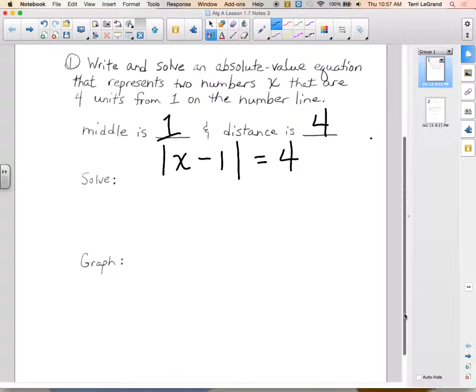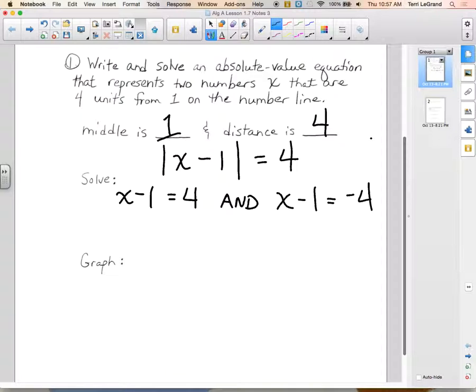Getting rid of the absolute value bars. Oh, this is set equal to a positive number. How many solutions will there be? 2. So I can set x minus 1, no absolute value bars anymore, I can set it equal to what? 4. But I also can set it equal to the other number that has a distance of 4, and that is negative 4. Okay?